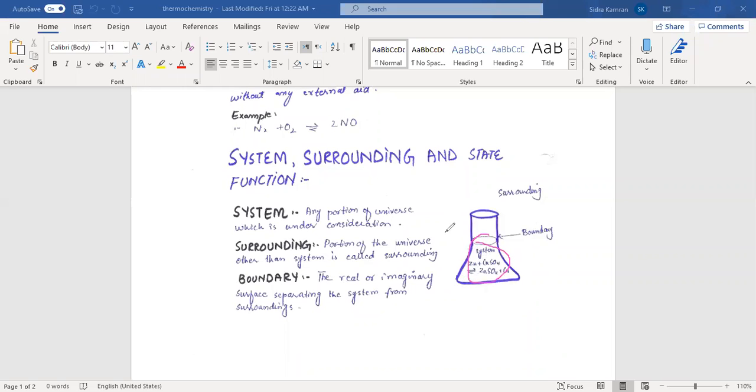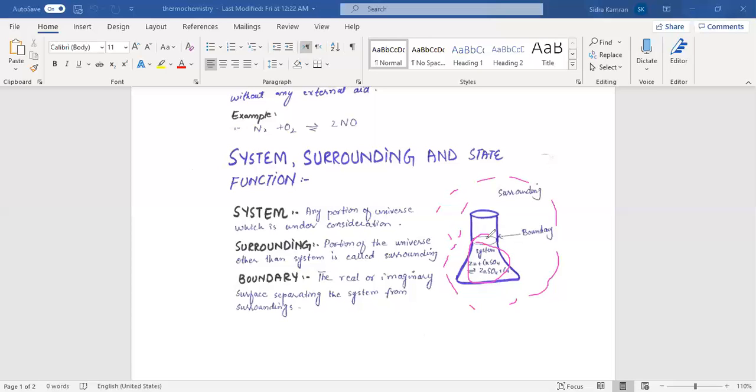What is surrounding? Everything outside this system is called the surrounding. The air, the space, everything outside the system is called surrounding. A system has some boundaries. That boundary could be imaginary or real. This flask lining is basically the boundary for this system. This is the real boundary.